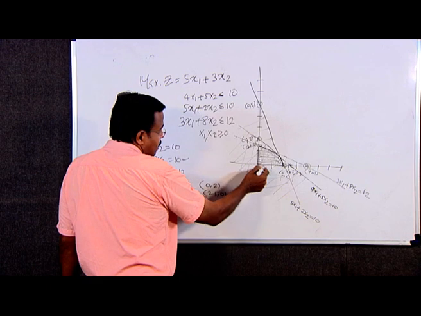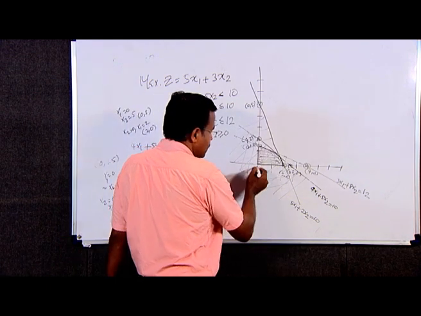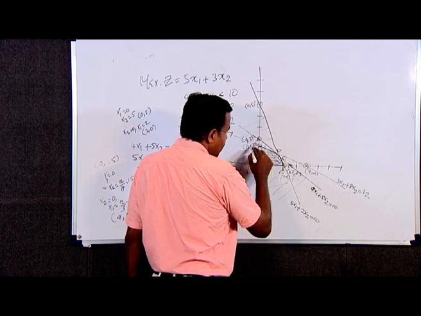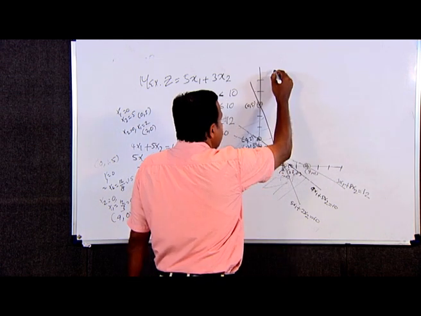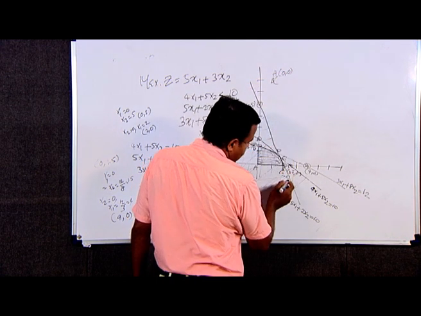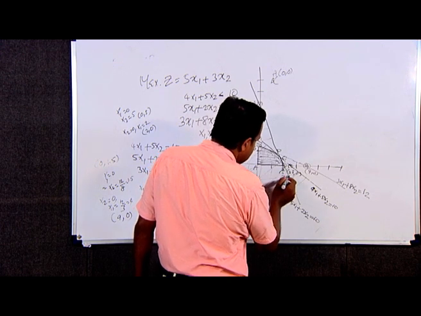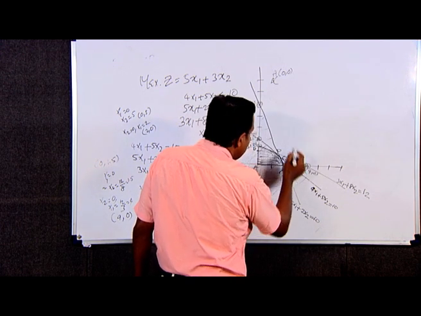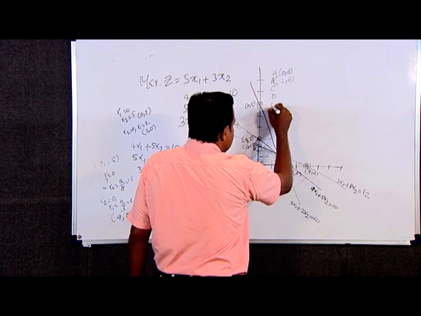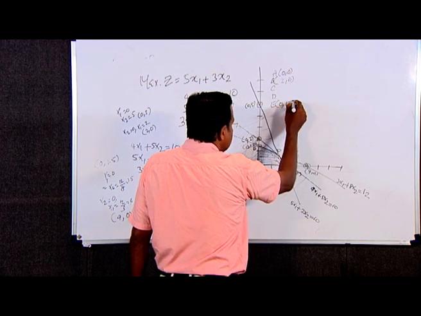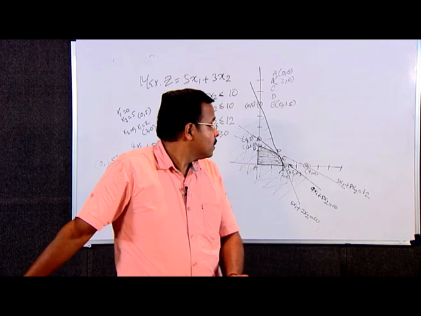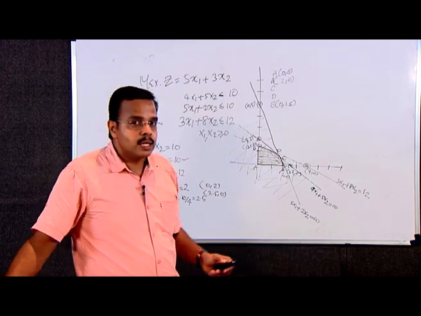To identify the vertices of this solution region, let them be A, B, C, D and E. A is (0, 0), B is (2, 0), C and D are to be identified, E is (0, 1.5). These are the 5 vertices of this solution region.